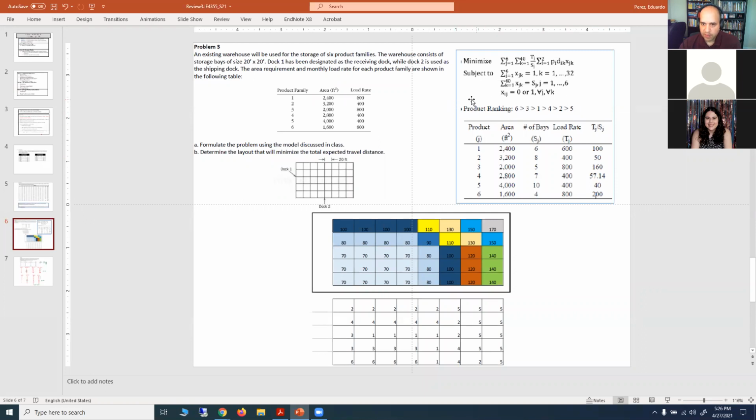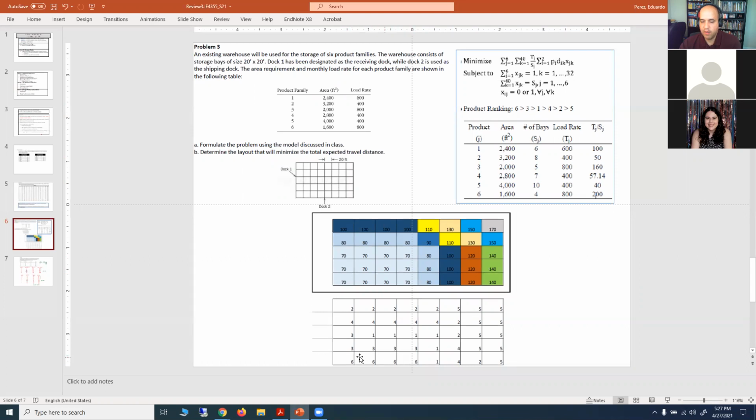Now using this ranking, I'm going to start locating these products in my warehouse. So how do you go about that? Well, product 6 requires 4 cells. So you want to make sure that you reserve 4 cells in the 70s for product 6. And that's what I did: 6, 6, 6, 6.